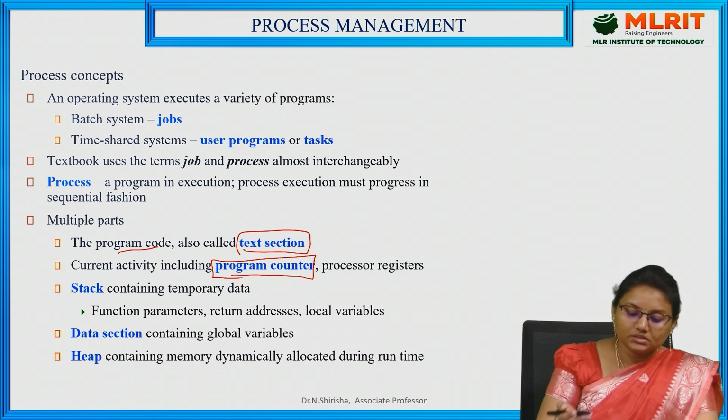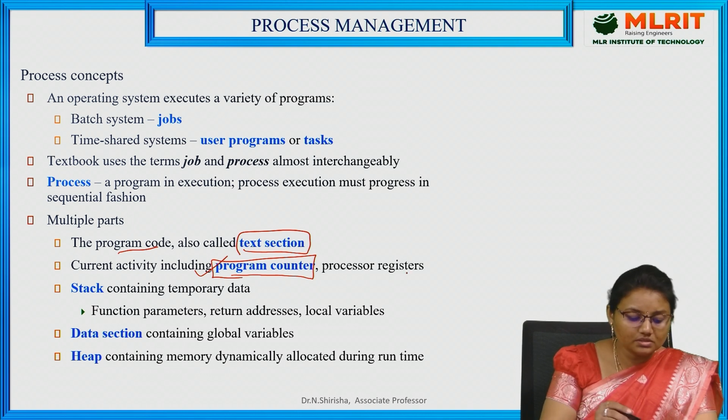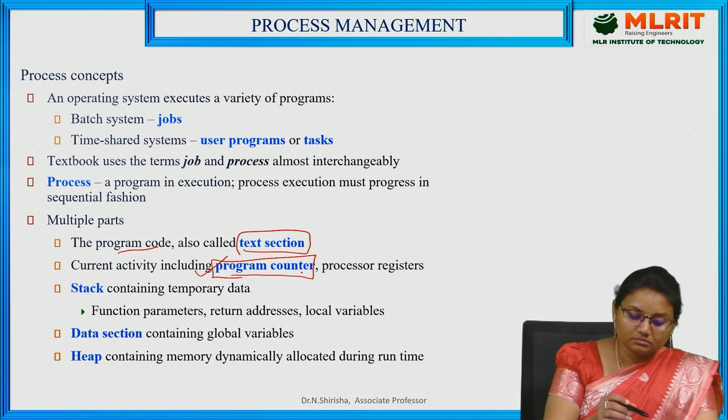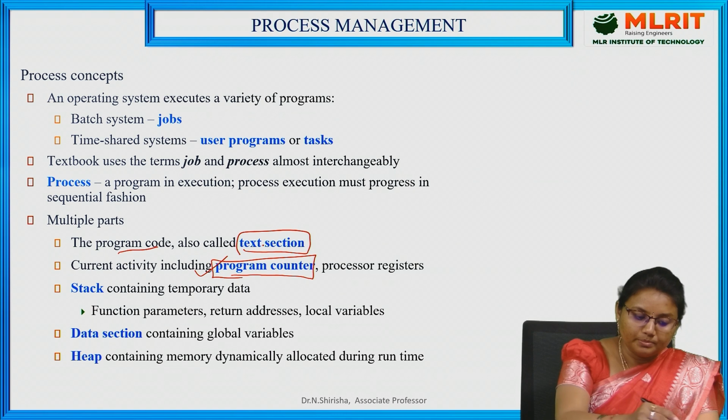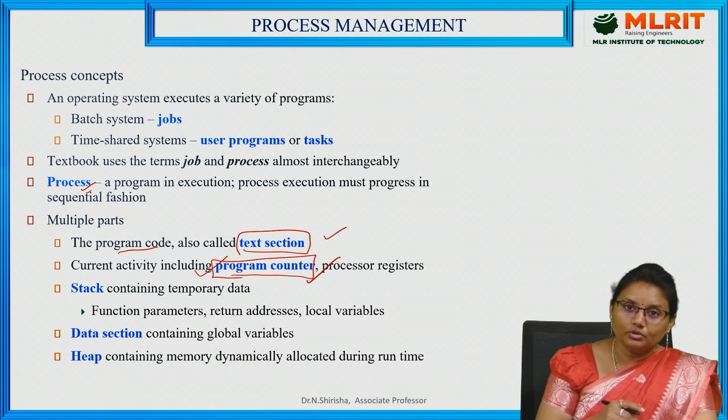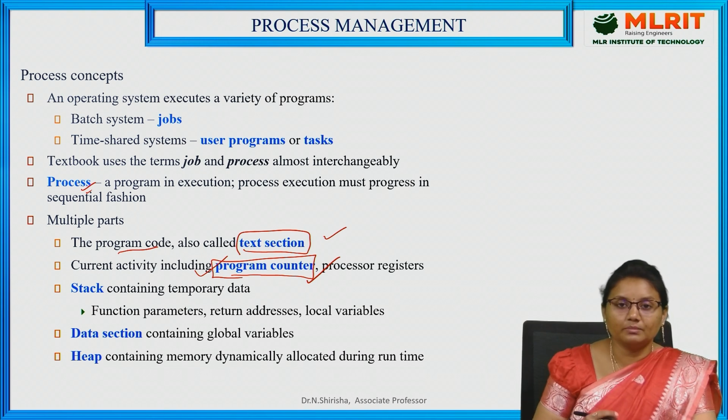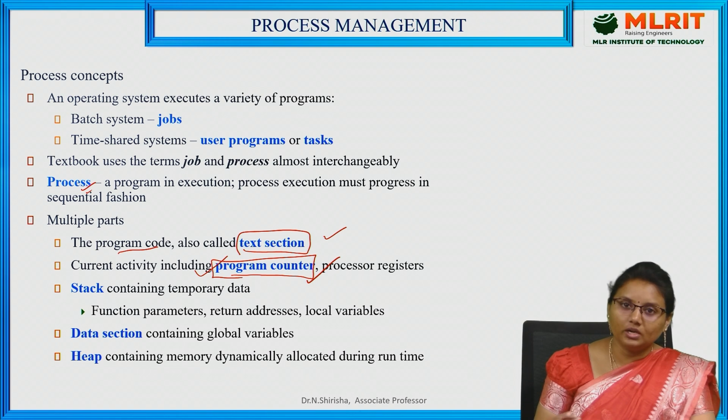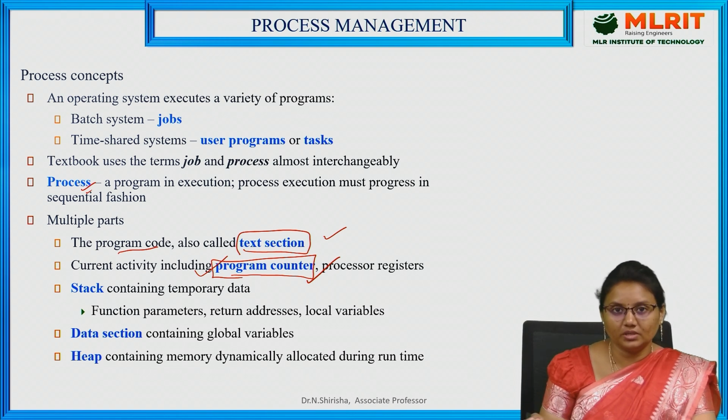So that is the use of the program counter. Then process registers. So whatever process we are saying, it includes the text section and the program counter. You have several sections into which a process is divided and maintained as a log, which we call the process control block, which we discuss in the coming sessions.